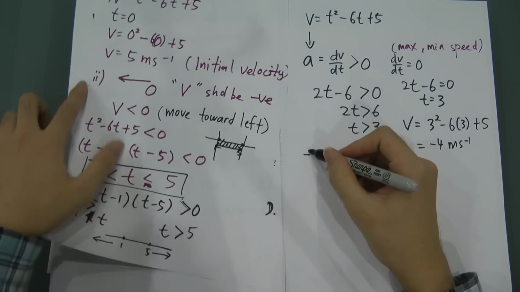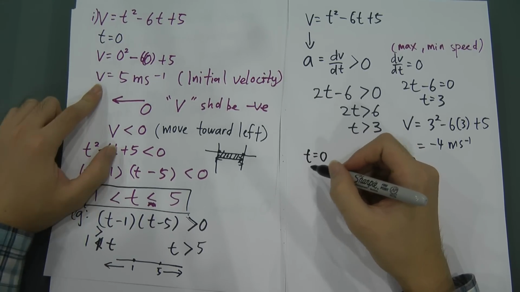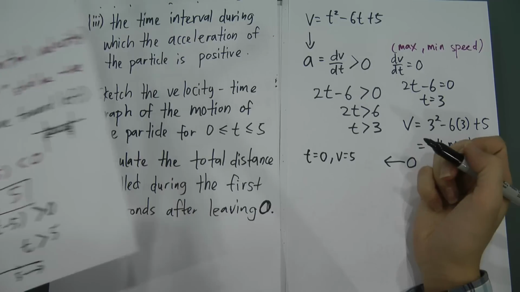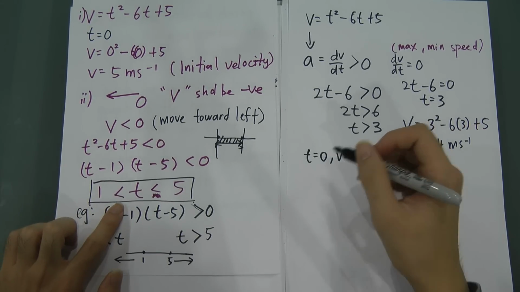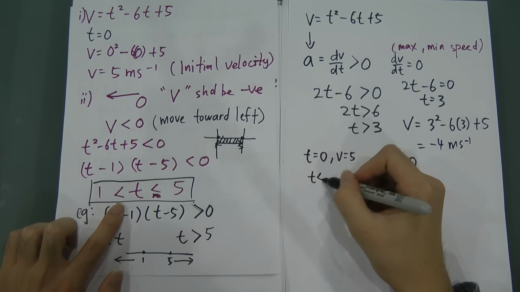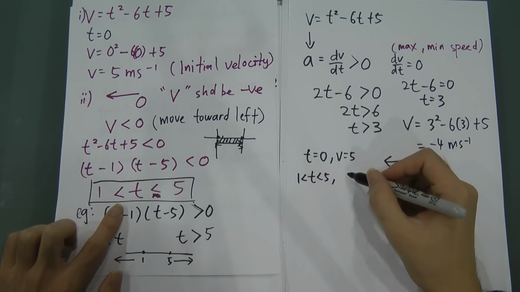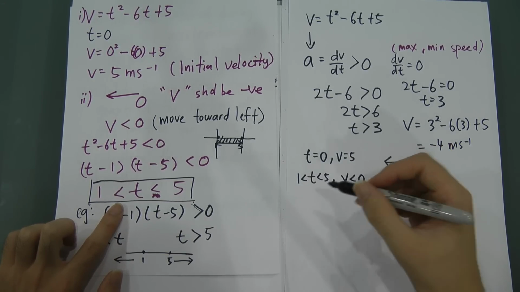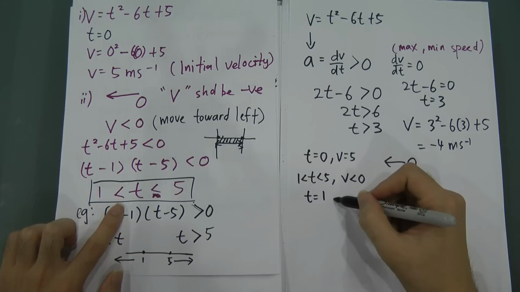When t equals 0, I know V equals 5, the first piece of information. And I know when t is between 1 and 5, V is smaller than 0. So I find when t equals 1, what is V here?